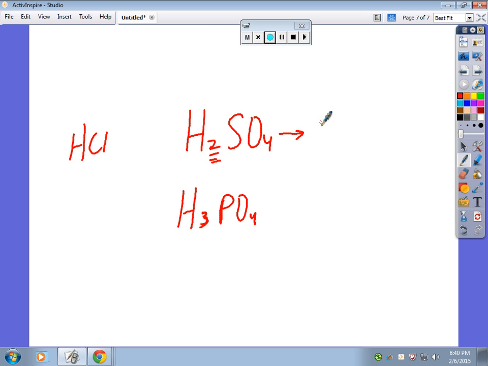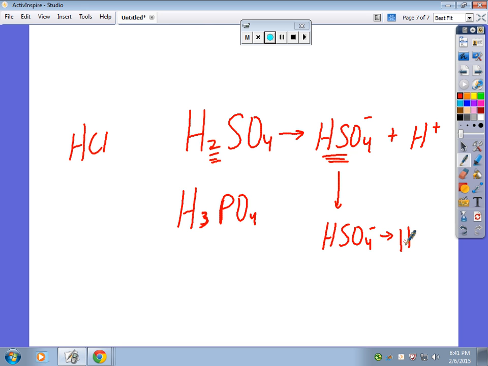Which means when it splits apart, it splits into this and gets rid of a hydrogen ion, and that's a negative. And what can happen? Can't this dissociate again? This could also donate a hydrogen ion, couldn't it? Do you see that? Because there's 2 of these, it can dissociate 2 times.